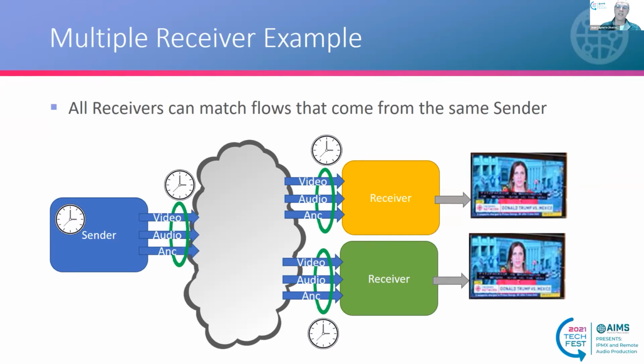I'll take the opportunity to point out that the vSync on those two monitors might not be perfectly in sync. The reason is that when the receiver receives the data, even though it knows the video, audio, and VANC go together, maybe the yellow receiver received all those packets at 305, and because of network latency that is different between the two receivers, the green one might have received it at 306.